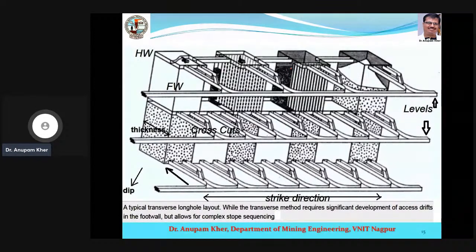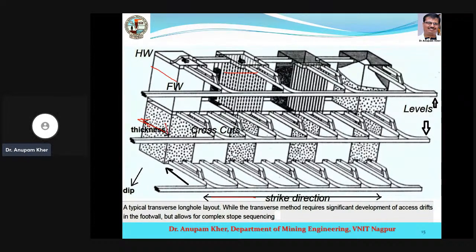This is one of the typical ways that you can see here. The strike direction is shown here at the bottom, and the thickness is already shown here.